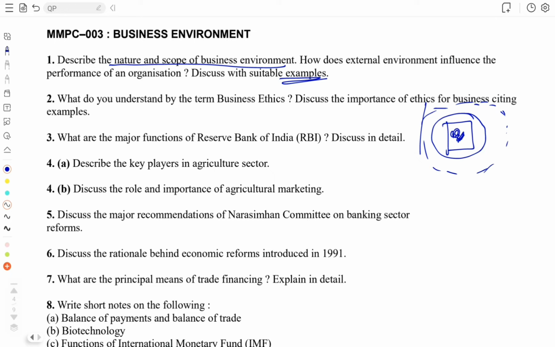These are parts of the macro environment which you cannot control. Then there are the demographics, the socio-cultural environment and the economic environment. So the external environment is the environment outside the business and how it could impact your performance.